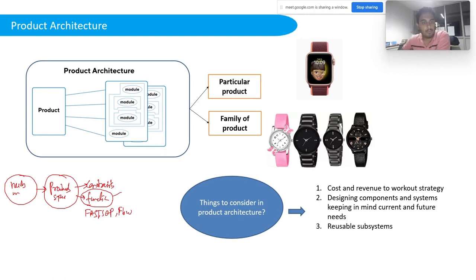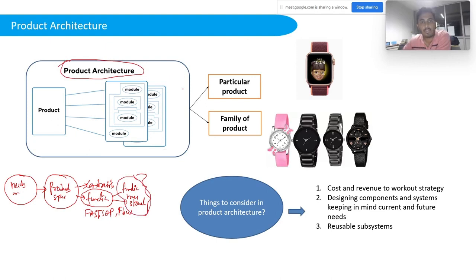Then at the end we end up with some sort of function tree or a structure, okay. But the next question is how to come up with some sort of product architecture using this function model.